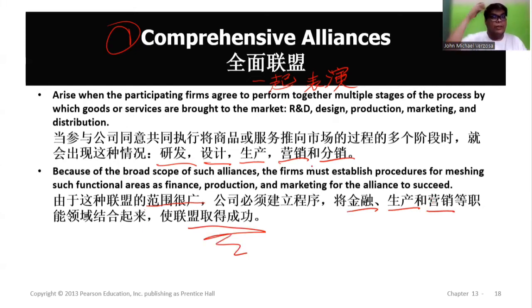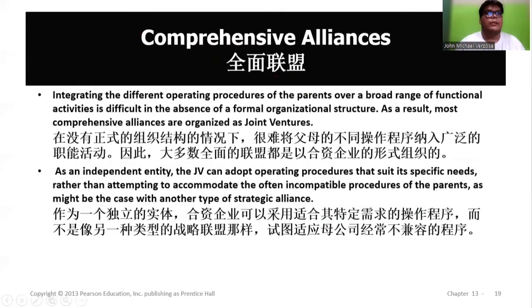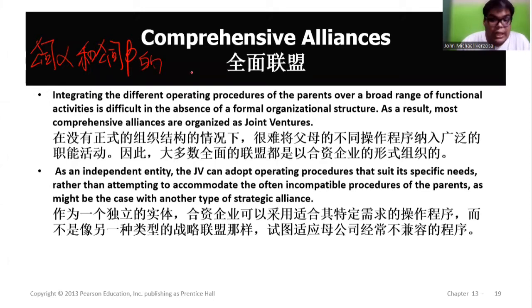You need to know the procedures. So integrating the different operating procedures of the parents. 因为公司 A 和公司 B, the procedures are not the same.